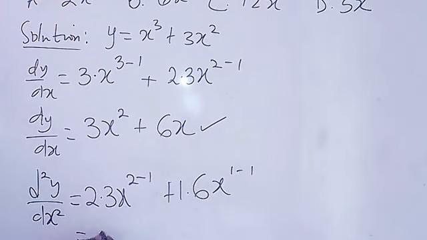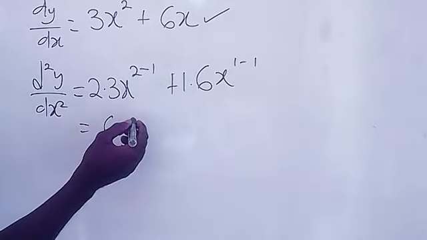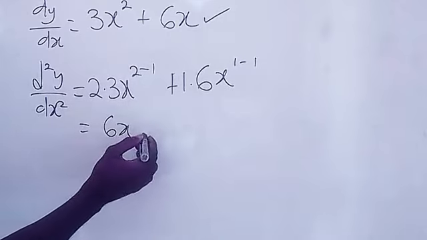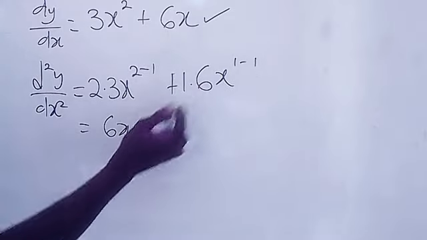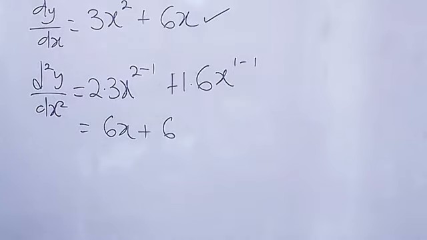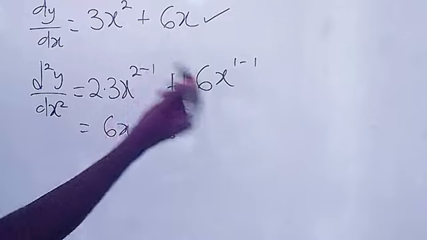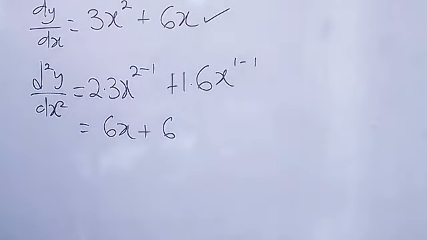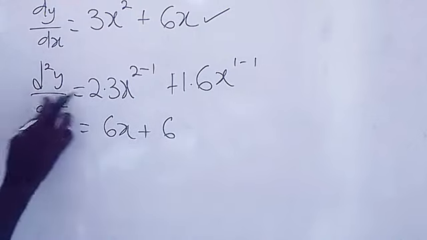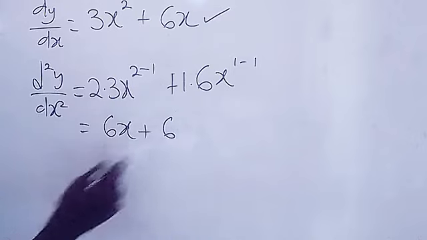So we're going to have 2 times 3, we have 6x, 2 minus 1 is 1. So we have 6x, then plus 1 times 6 is 6. 1 minus 1 will give us x to the power of 0, and any number raised to power 0 is 1. So d squared y over dx squared is 6x plus 6.